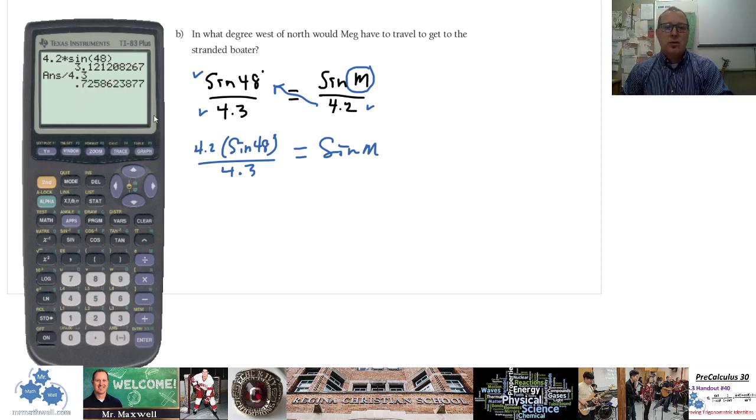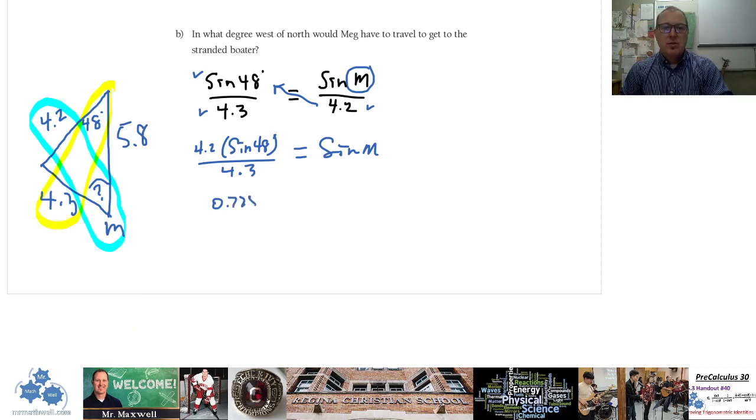So now this whole side equals 0.72586 or so. Now, the last step, if you remember, to solve for an angle, you've got to do the second function sine, or sine to the -1 of both sides, because that gets rid of the sine part of this term. All right, and then you're left with m.